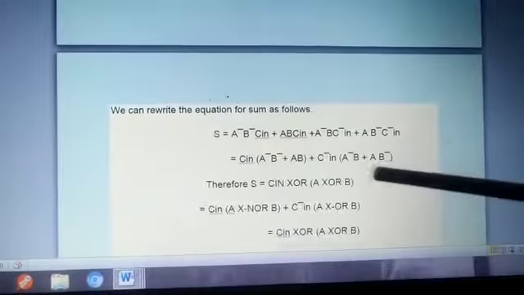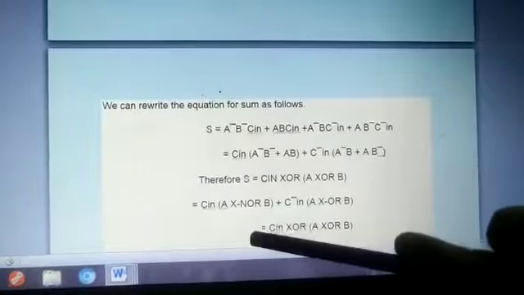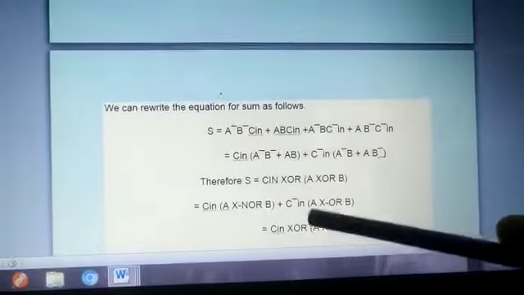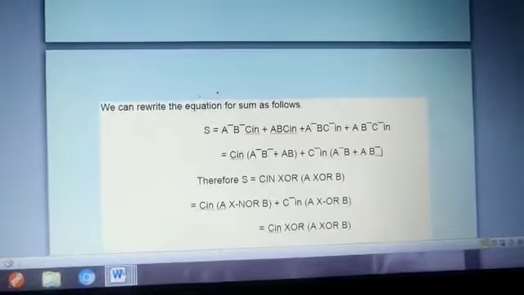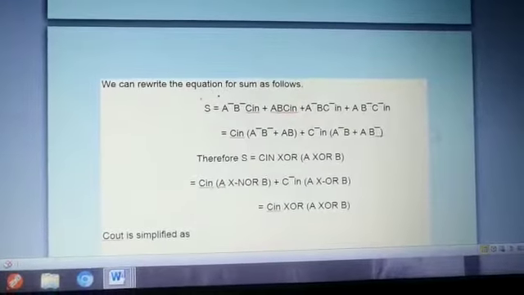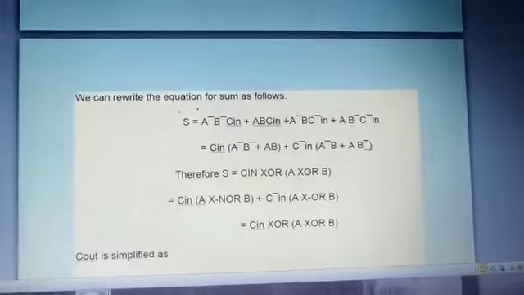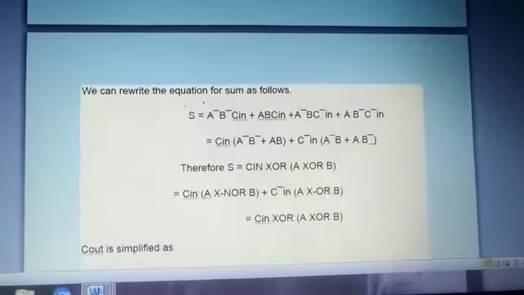If you combine this, it becomes again another XOR gate. This is how we get the final result for the sum. This is the full adder sum expression.